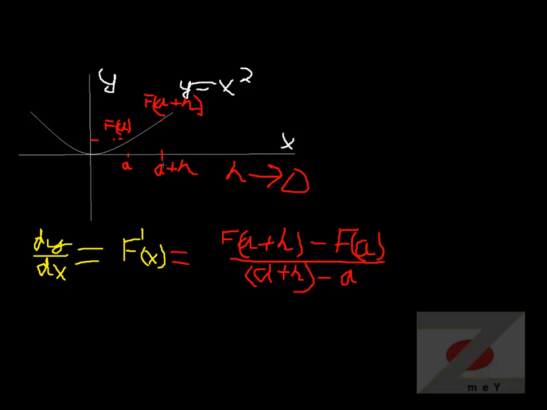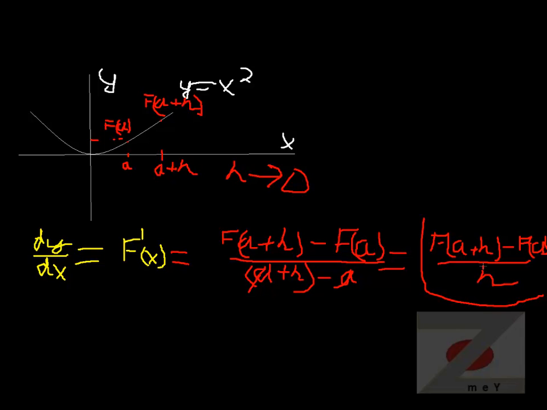Change in y over change in x. And as you can see, A's actually cancel out, and all we get is f of A plus h minus f of A, divided by h. And this is our actual equation for a derivative.